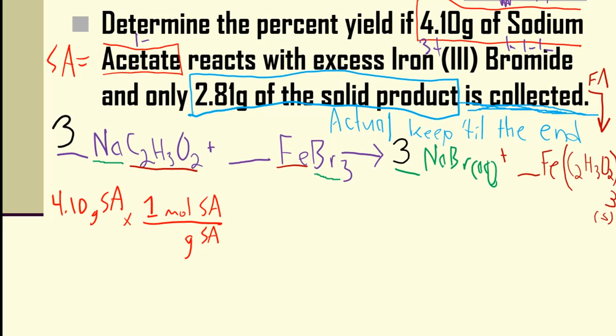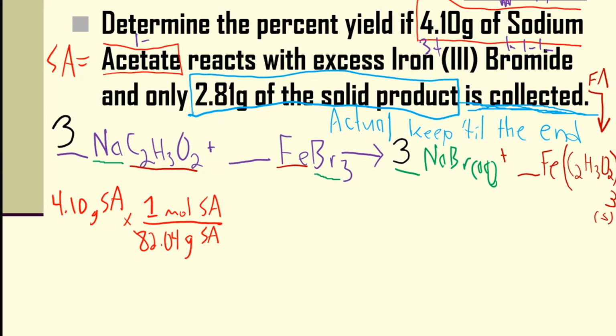For every 1 mole of sodium acetate, there is, let's see, I got to punch this in my calculator real quick. 82.01 grams. That is the weight of sodium plus the weight of 2 carbons plus the weight of 3 hydrogens and the weight of 2 oxygens. I get 82.04.